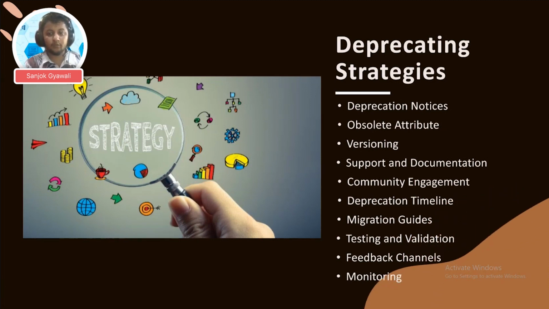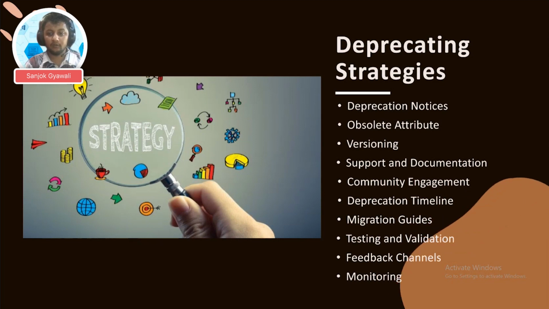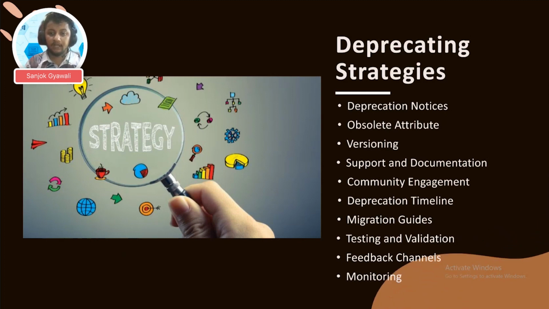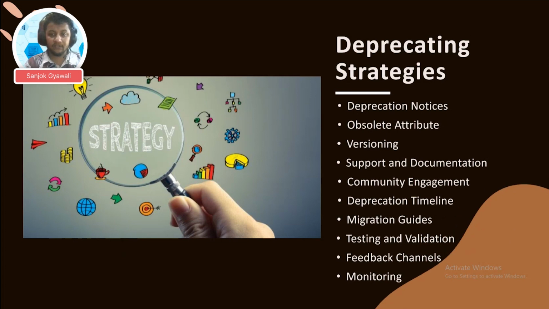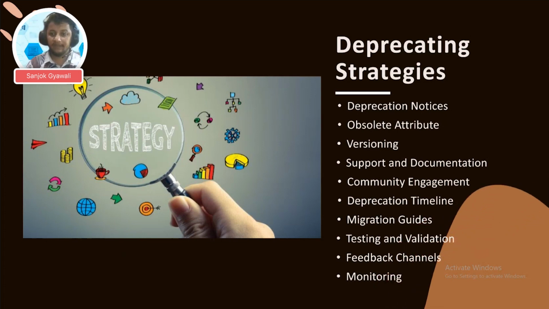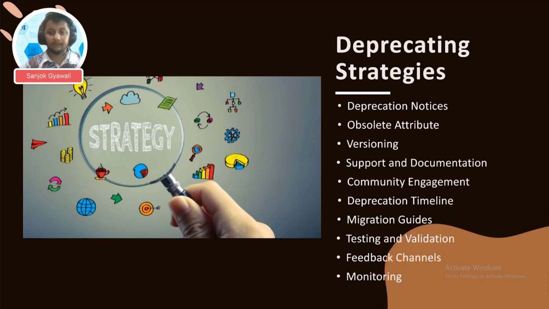Also, we use different support and documentation while making the deprecation strategy. Like we provide documentation if these are being deprecated soon, and that they will be replaced by this type. So we will provide different documentation for this, and also we'll get community engagement. Like we get feedback on whether that deprecation is good or not. Also, the API will be consistent.